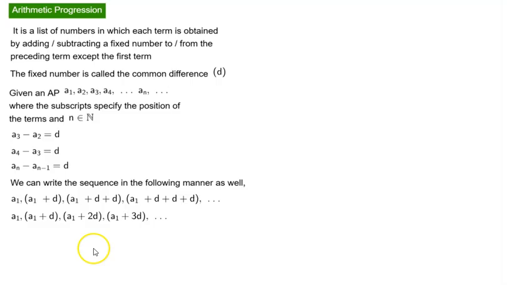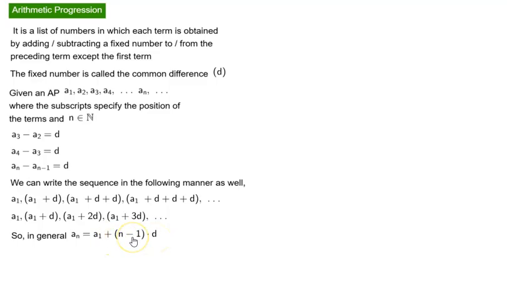Simplifying this a little bit, we get A1 first term, A1 plus D second term, A1 plus 2D third term, A1 plus 3D the fourth term, and so on. So in general, we can say the nth term A sub n is equal to A1 plus n minus 1 times D.